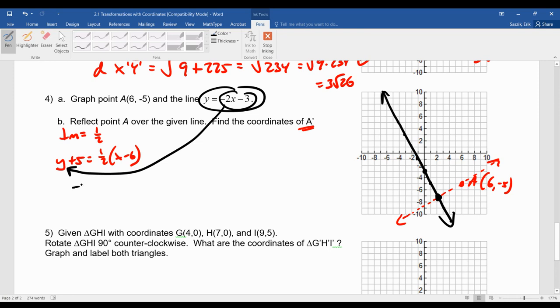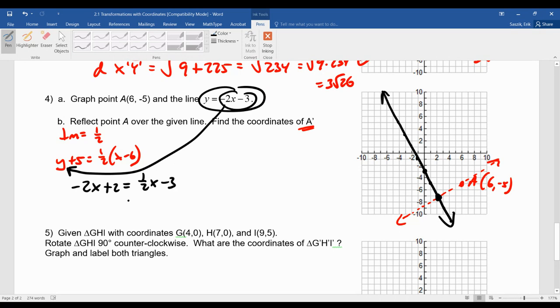So I get -2x minus 3 plus 5 is what? That would be what? +2. Distribute.